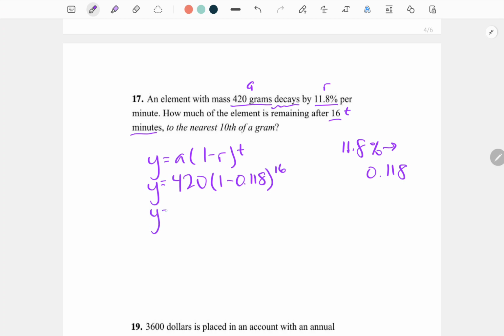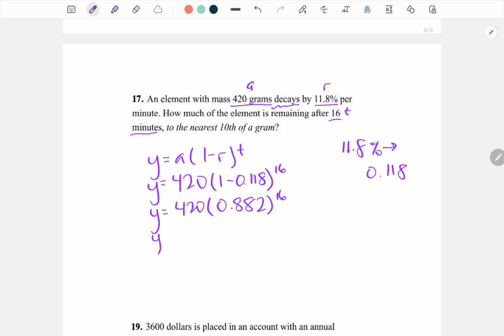And now when I use my calculator, I'm going to put in 1 minus 0.118, and I get 0.882. And then again, when I use my calculator, there's certain steps now. I have to do this exponent part first and then multiply.